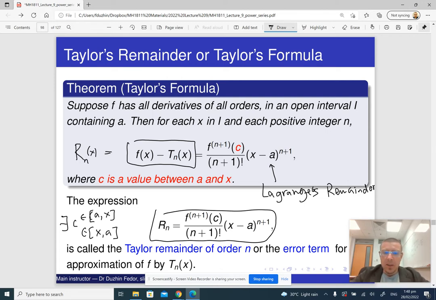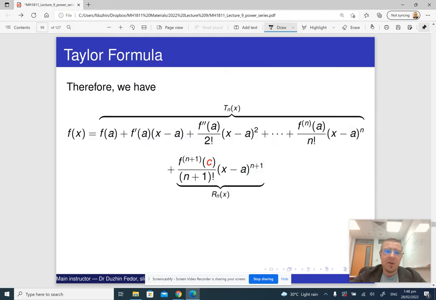Now, why do we care about the particular form of the remainder? It is because of the following expansion, right? It means that our function can be expanded as its Taylor polynomial plus this remainder. And imagine that n goes to infinity.